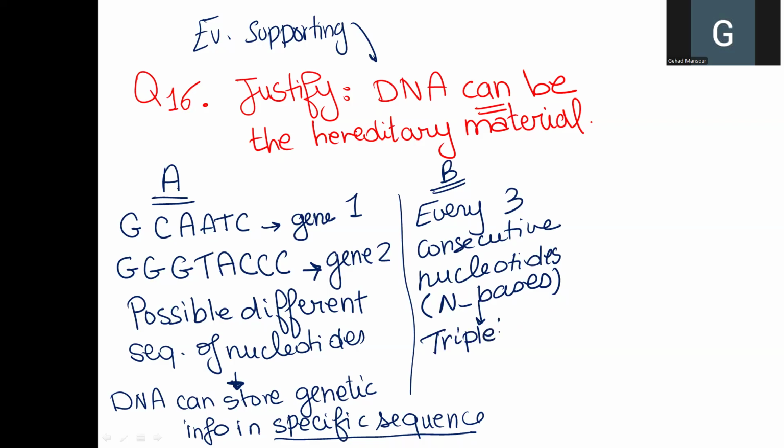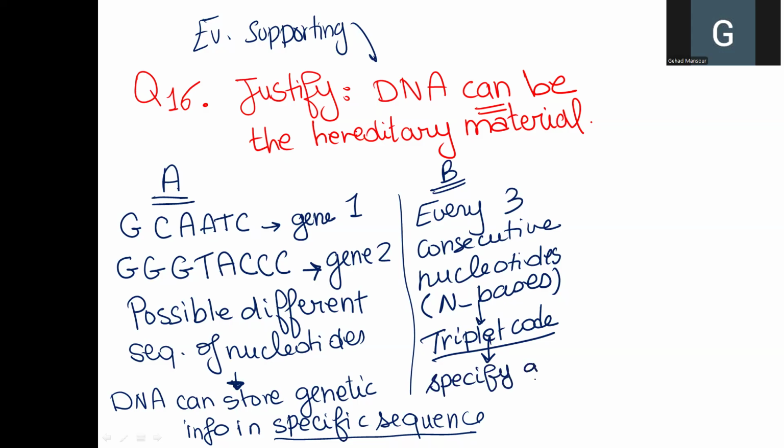So what is a triplet code? A triplet code is a sequence of 3 consecutive nucleotides on a DNA strand. And that triplet code will be specific to a particular amino acid.